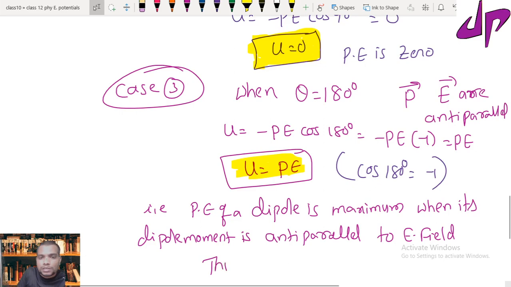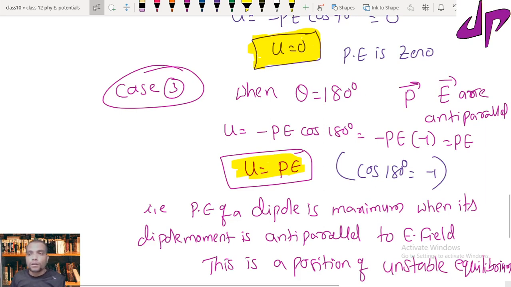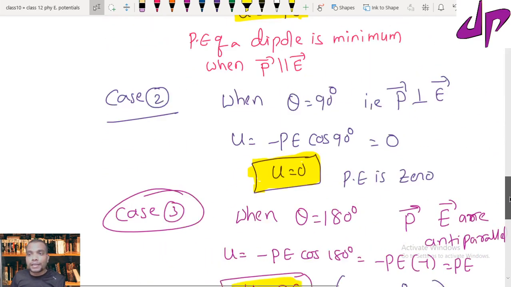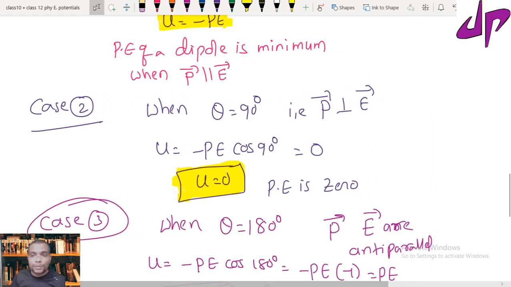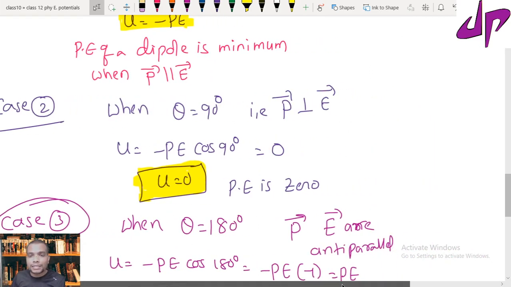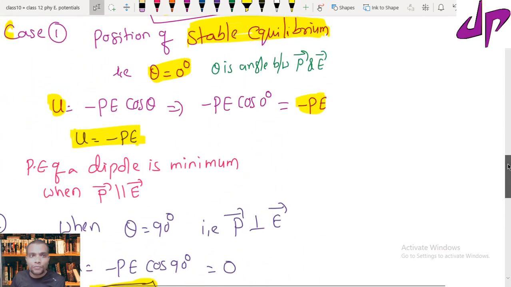So this is unstable equilibrium. This is a position of unstable equilibrium. So the potential energy of an electric dipole depends upon the orientation of the dipole moment along with the electric field vector.